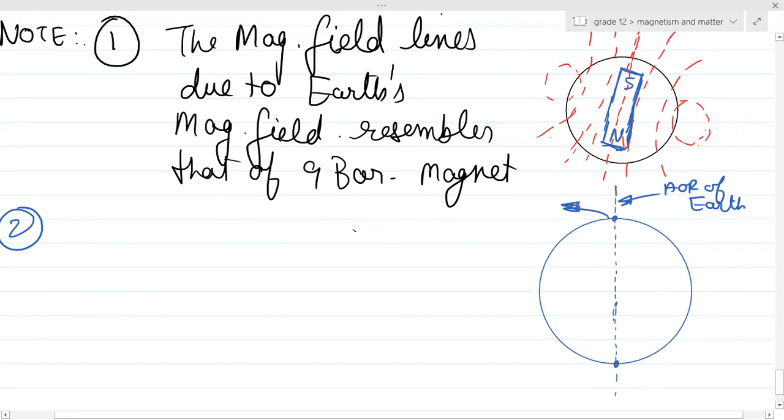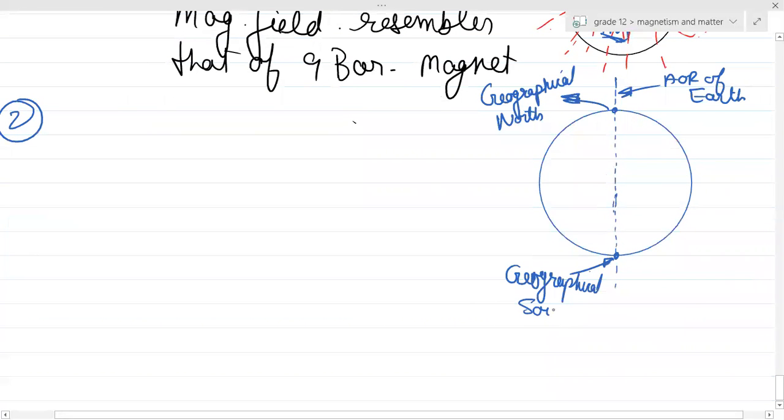We call them the geographical north and this point I call it as geographical south. Yes or no? I'll denote this by, let's say, NG, and this I'll denote by SG. Okay, yes or no, guys?